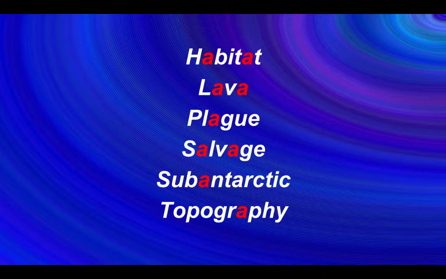Let's go back to our list and have a look at our examples. See if you can identify as I read these words where it would live. Habitat, both short A, they live in the at box. Lava, it's got an R. Plague, we can hear the long A sound.